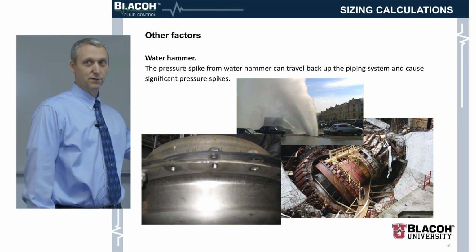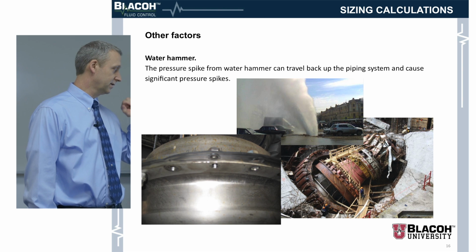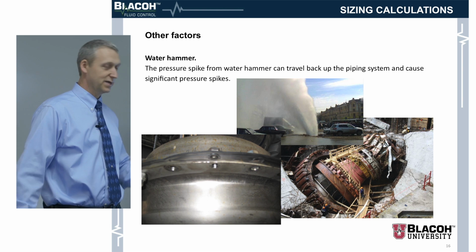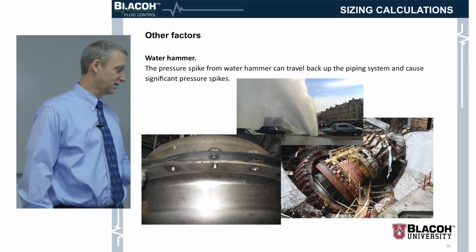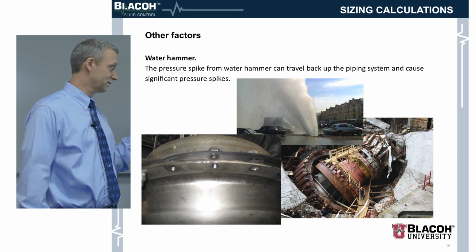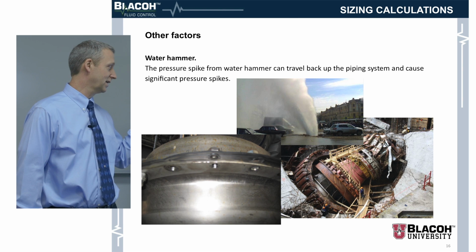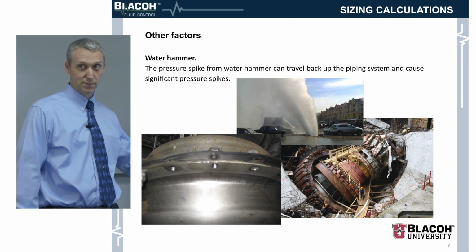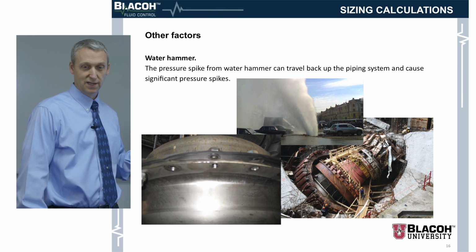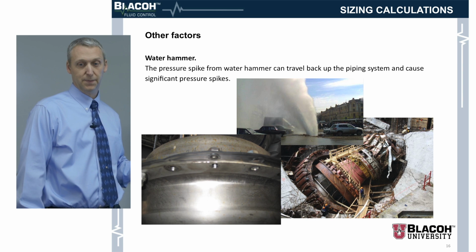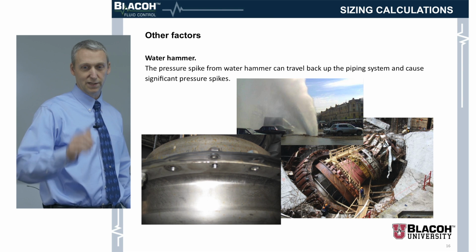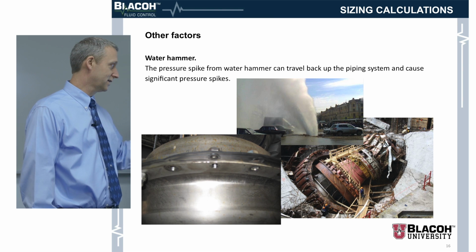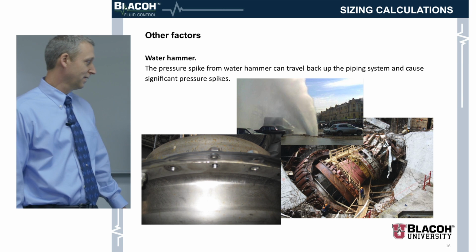So valve closure, check valves, flow separation, all this can create water hammer, which can cause issues in your piping system. So it's definitely a factor that needs to be taken into account when you're sizing the dampener. You can oversize the dampener to account for some of that. Or better yet, you can put a dampener at the source of the spike and take care of it there.